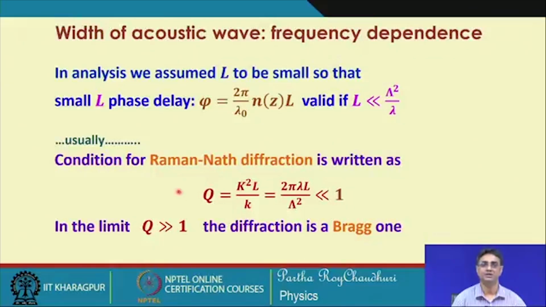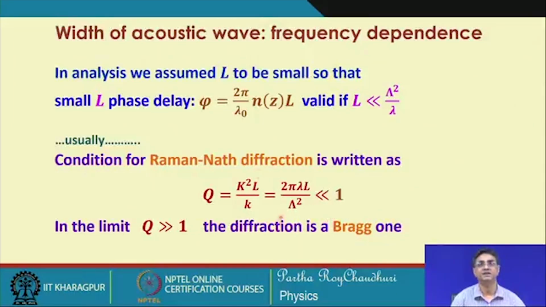And contrary to this fact, if Q is much greater than 1, then you have a volume grating, because the width of the acoustic wave is now much more. So, the light wave which is going through this medium will see a volume grating, will see a large interaction length, and that will result in the Bragg diffraction.